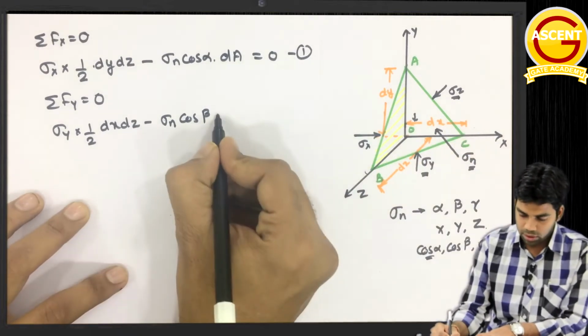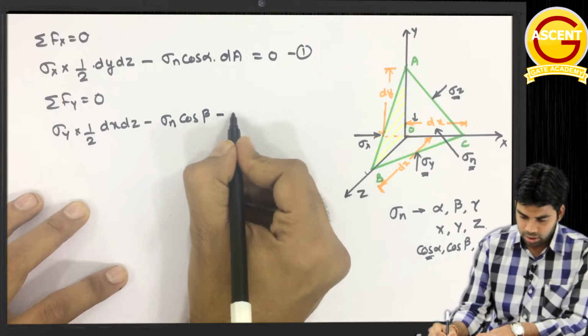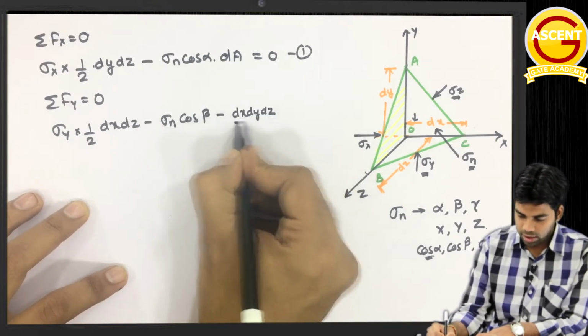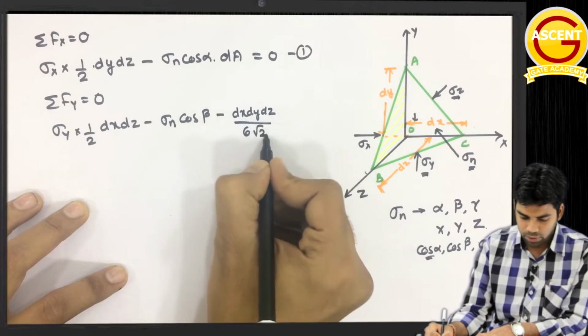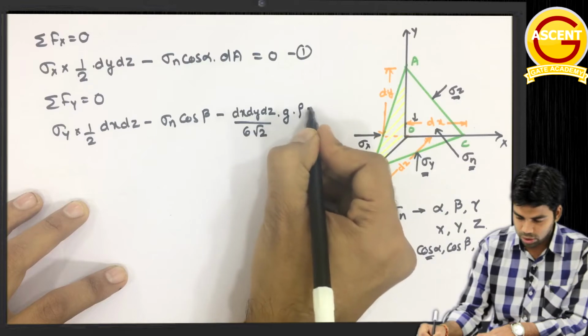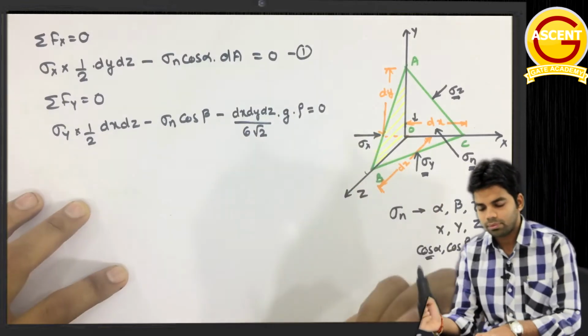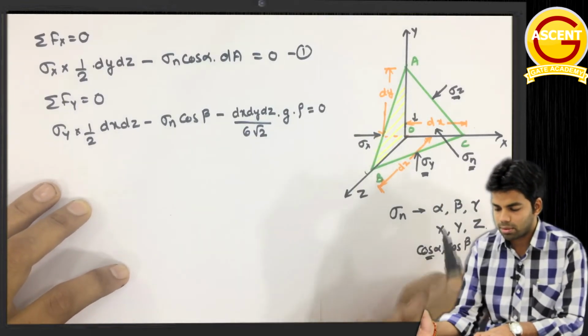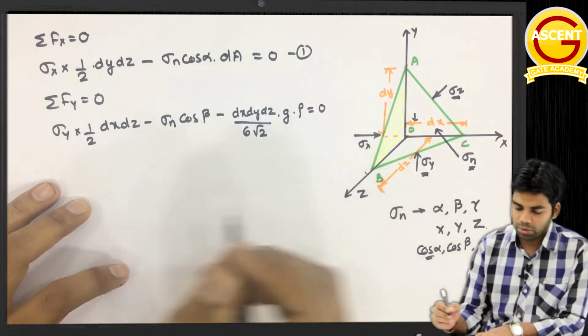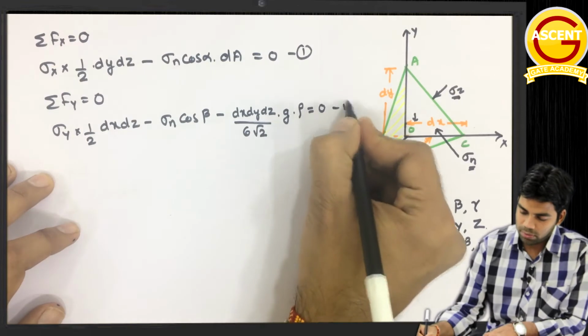So this will be equal to minus the volume, dx dy dz divided by 6 root 2, into g into rho, this should be equal to 0. Getting this? This is suppose equation number 2.